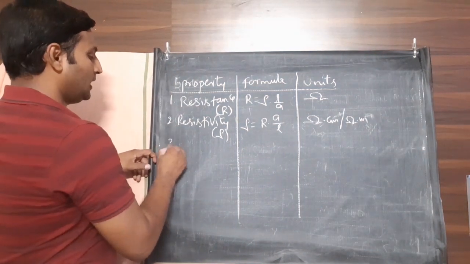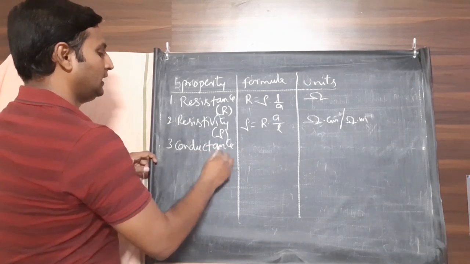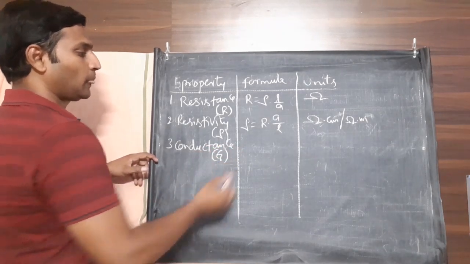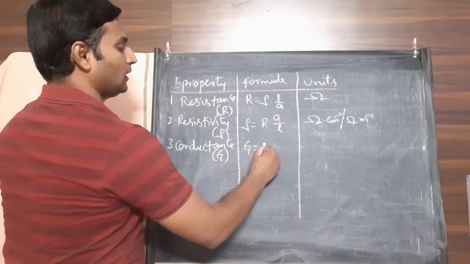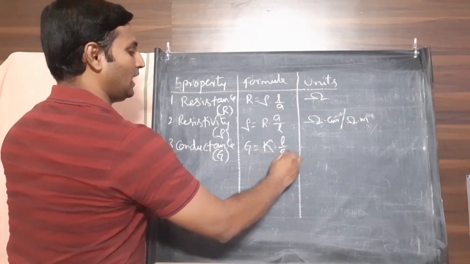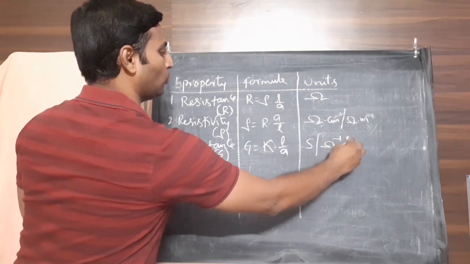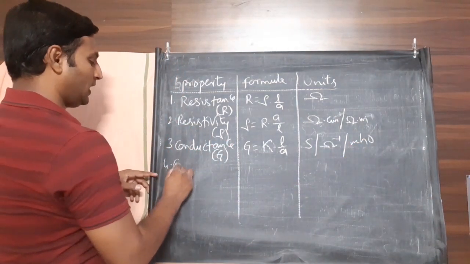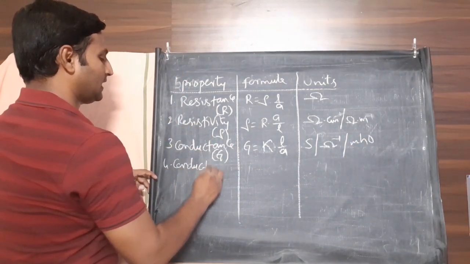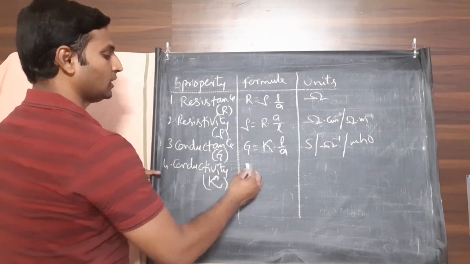Good. Number 3, conductance, denoted by G. So G is equal to kappa into A by L and units are Siemens or ohm inverse or mho. Then fourth one is conductivity, denoted by kappa.